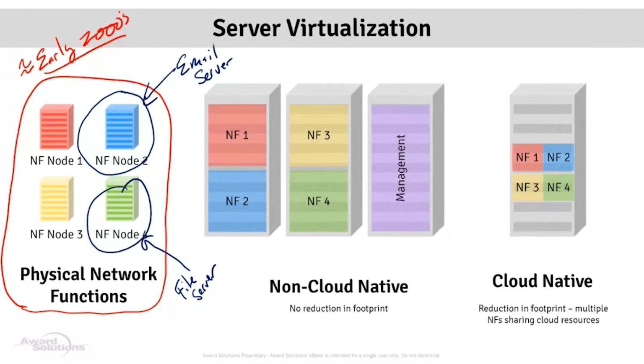Now, when you look at this, you are probably thinking, this seems massively inefficient, because what I'm doing is deploying a physical piece of equipment for every function that I need in my network.